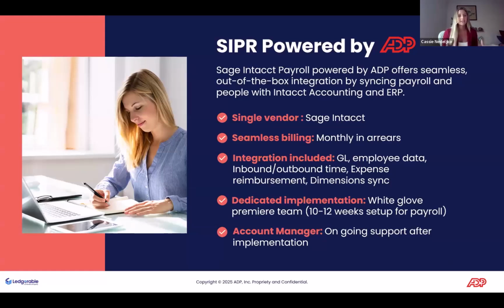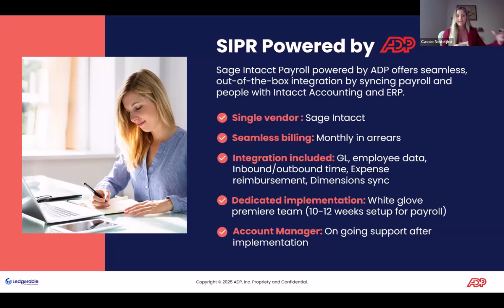Instead of reinventing the wheel, Sage itself actually released an RFP across 12 different vendors, and ADP was selected as the vendor of choice due to our integrations, our product, our billing, and also our dedicated specialized teams for implementation and support. Now, this is an exclusive solution from ADP that you can only get through Ledgerable, a B2L company.